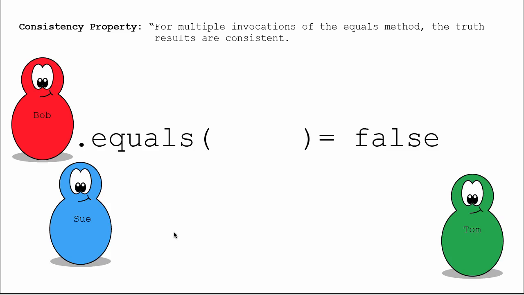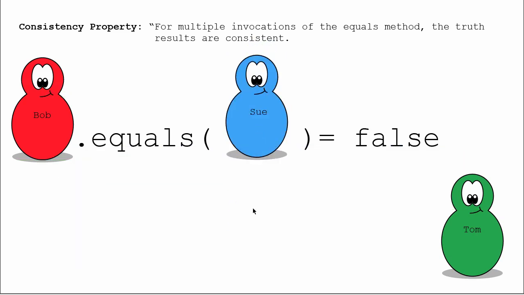But then later in the code, or at a different segment, the object Sue is again compared with object Bob. No matter how many times you invoke the Bob.equals_Sue invocation of the equals method, you should always have the consistent return value of false because originally Bob.equals_Sue was false.